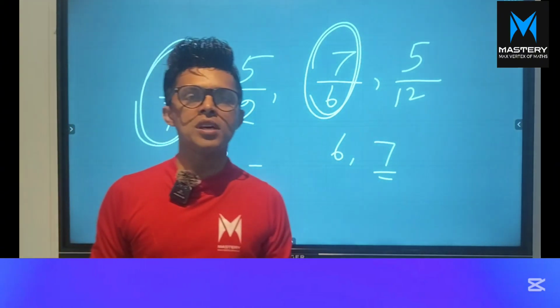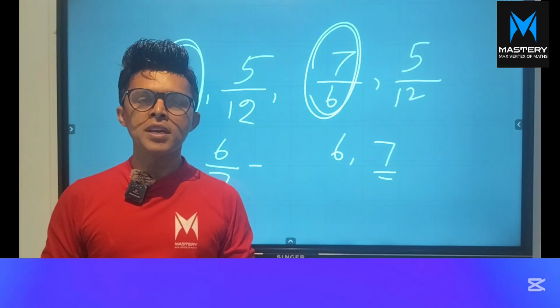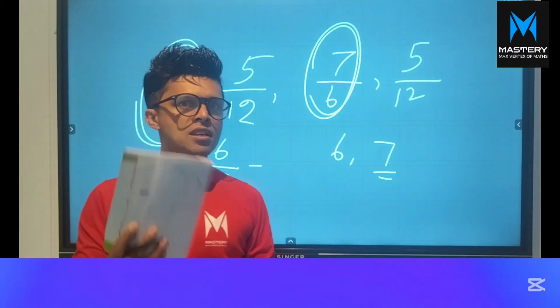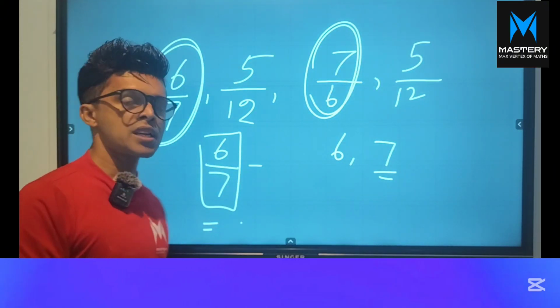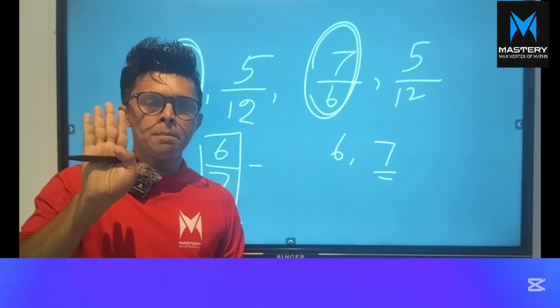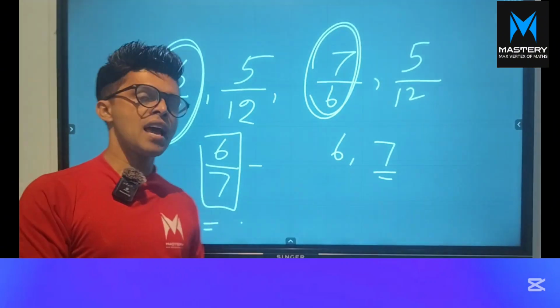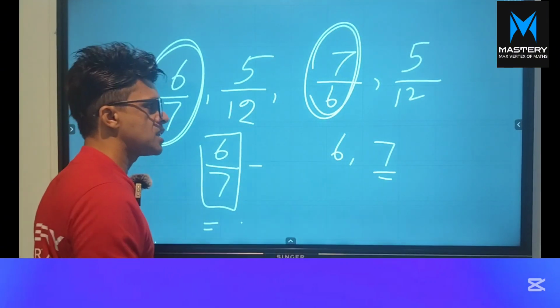I will be teaching you the type of this fraction after a few minutes. Therefore, you could see 7 is greater than 6. Therefore, 6 over 7 is a proper fraction.